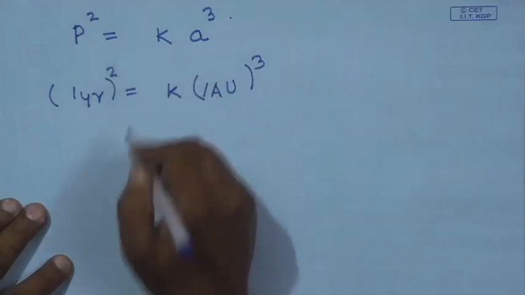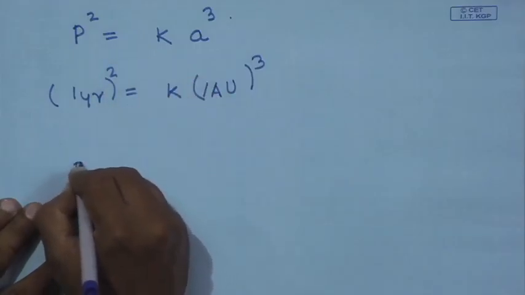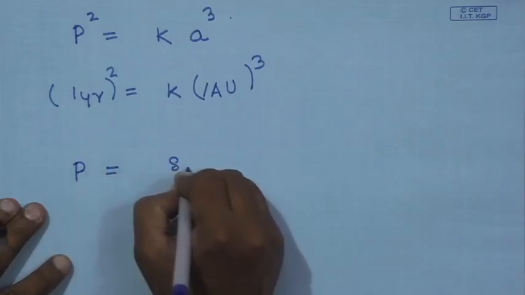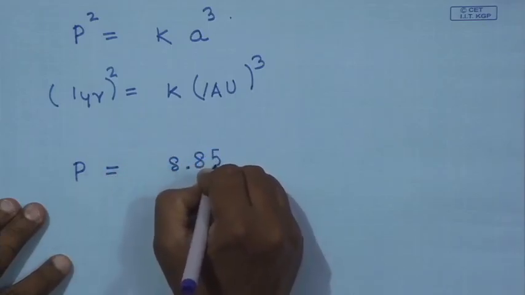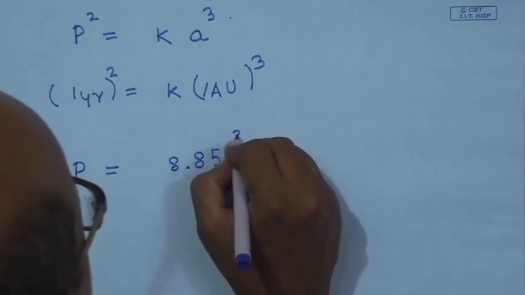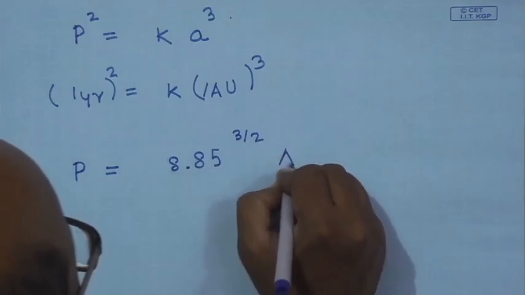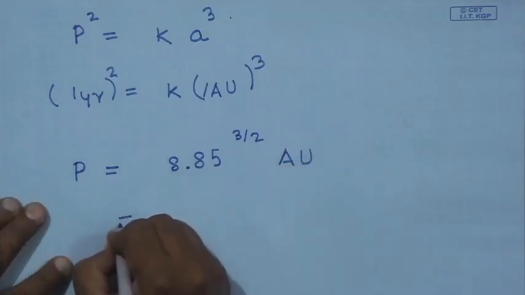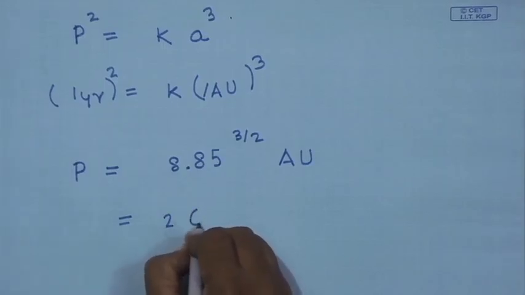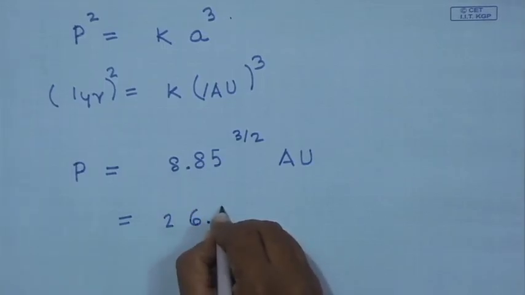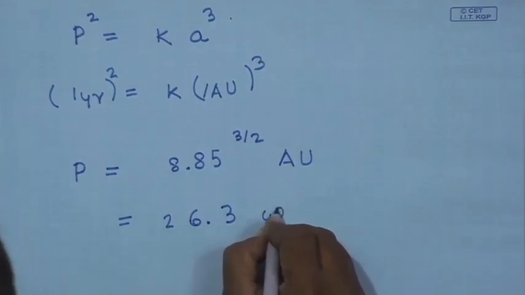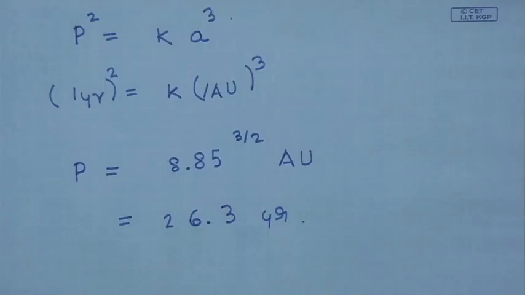So, just taking the ratio gives us that the period is equal to 8.85 to the power of 3 by 2 in astronomical units, and this comes out to be 26.3 years. That is the period of this orbit.